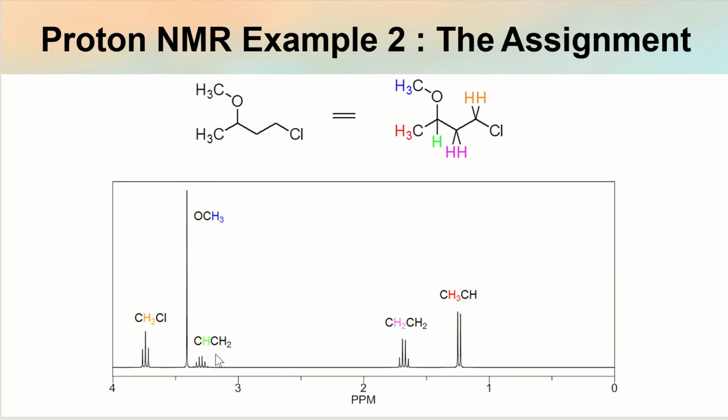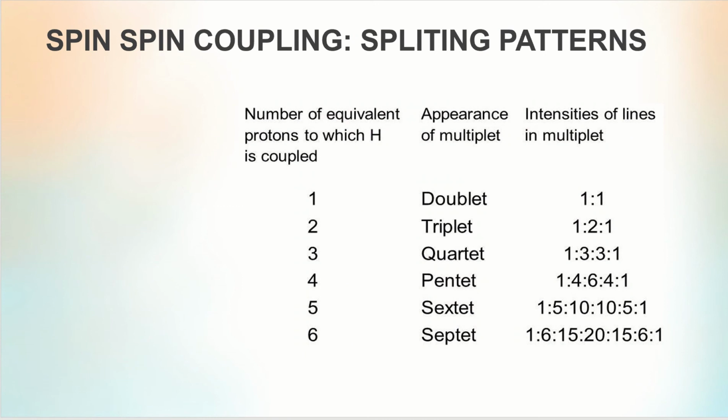And then we have our peak here. So our methylene, right, we have 3, 4, 5, right? 5 plus 1 would be equal to 6. So going back to our splitting pattern here, if we have 6, let's just count how many neighboring protons do we have. Is it 5 or 6?